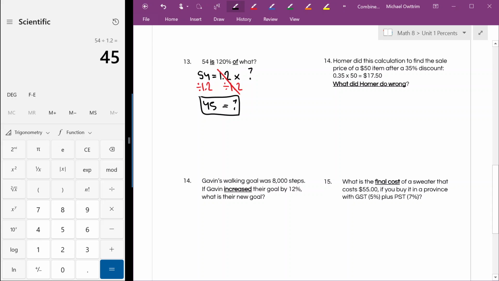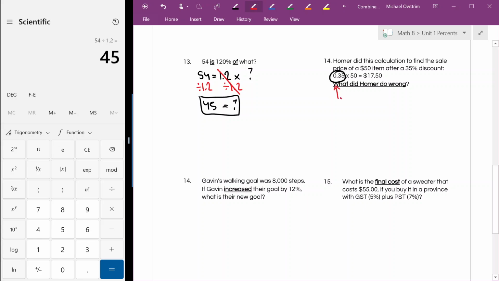Okay, in question 14, a basic finding the error question, we want to look for where we have our problem. It says Homer did this calculation to find the sale price of a $50 item after a 35% discount. And Homer did 0.35 times 50 and got the answer 17.5. Now our issue is 0.35 here.